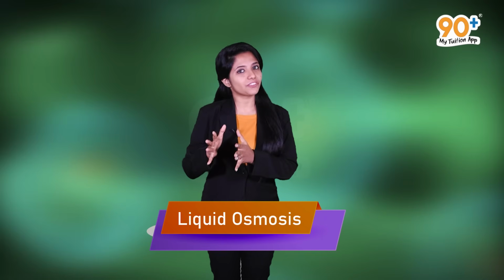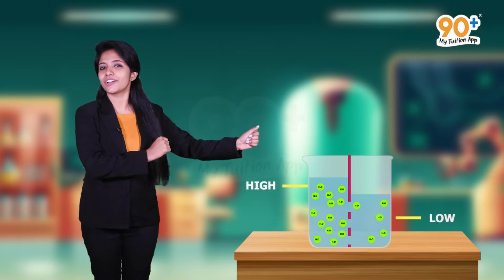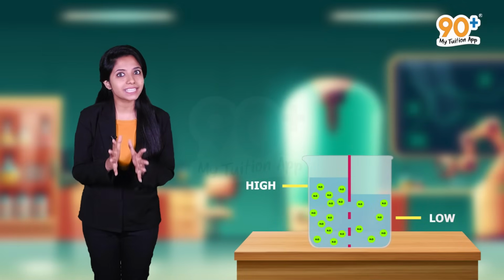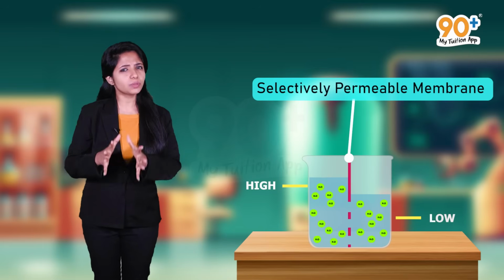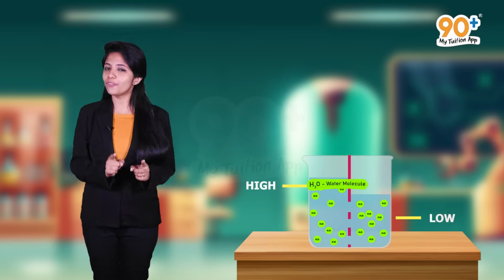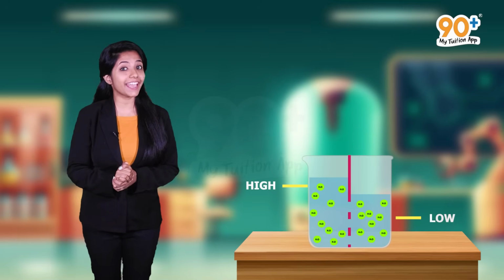Here in the case of osmosis, the movement of solvent molecules occurs from a region of higher concentration to a region of lower concentration through a selectively permeable membrane. Here note that the solvent molecules are usually water molecules, okay? And do you know what happens at the end?